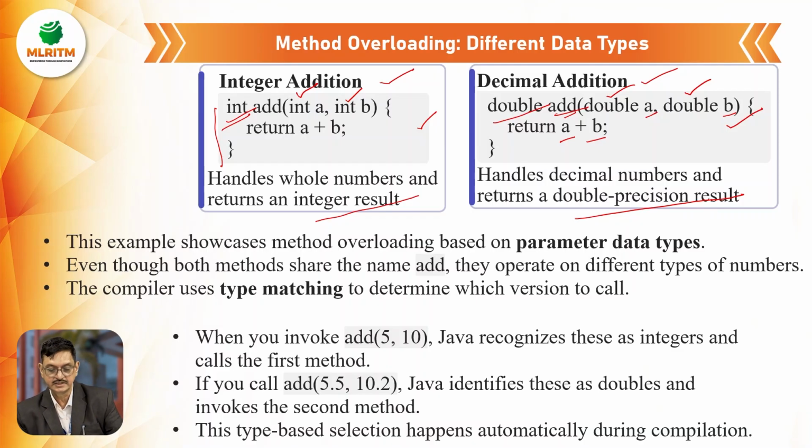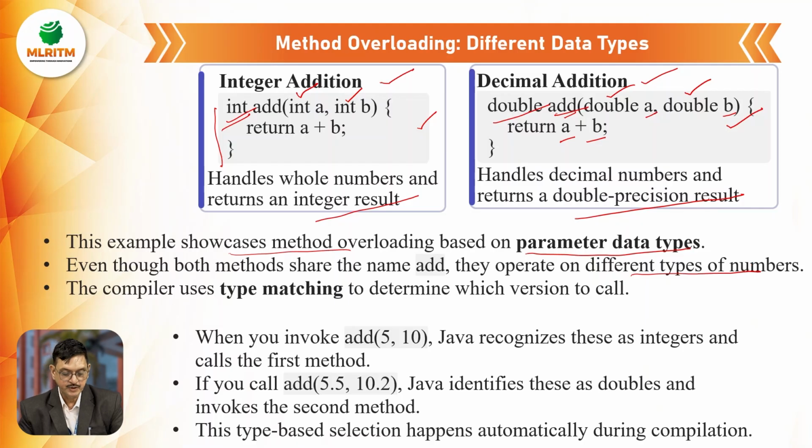In this case, the number of arguments is the same, but the data types are different. Based on the data type, we get the result. So this showcases method overloading based on the parameter data types. Even though both methods share the same name, they operate on different types of numbers.